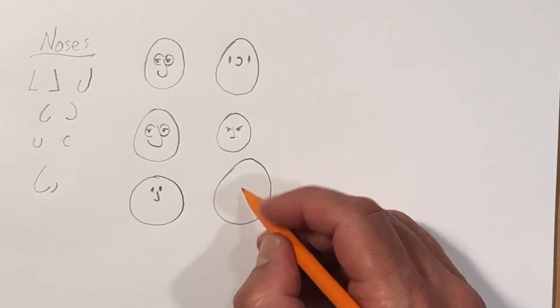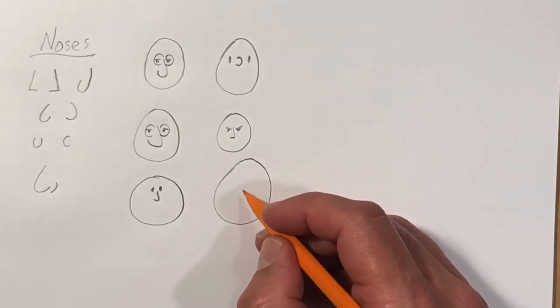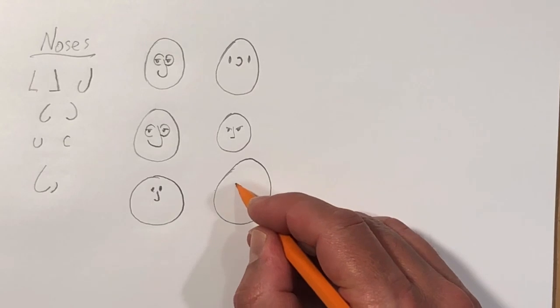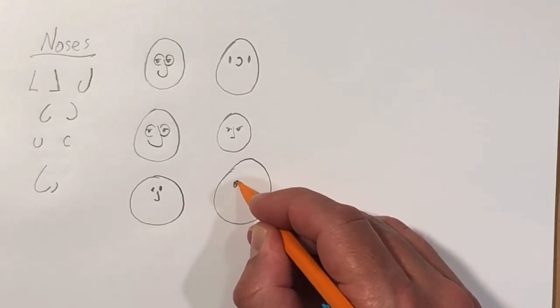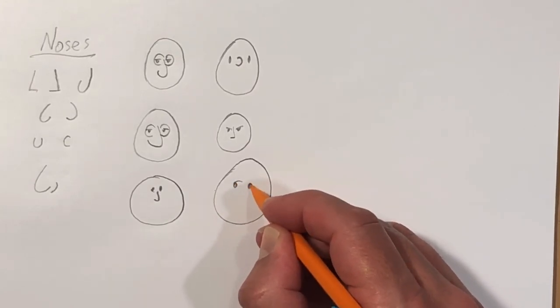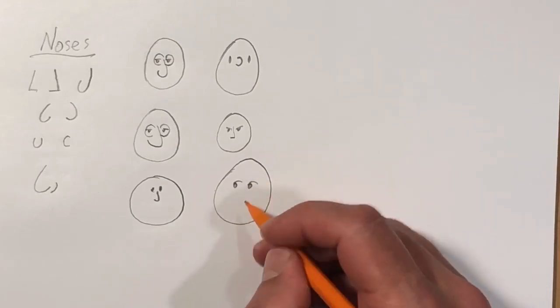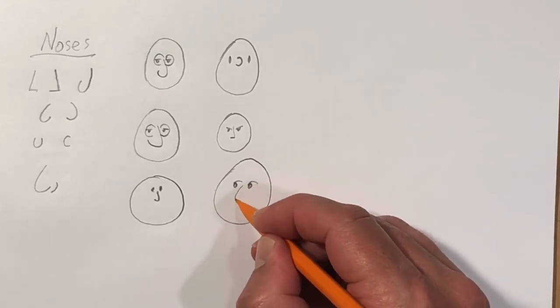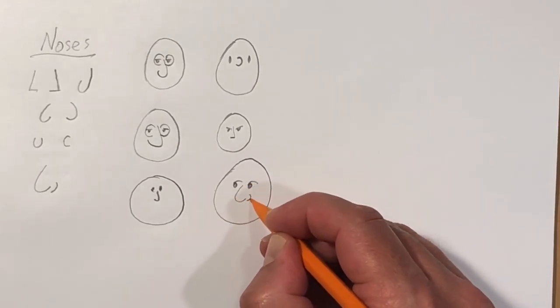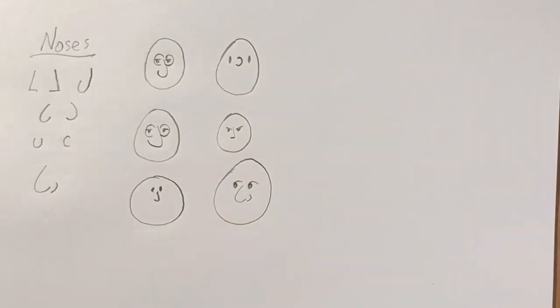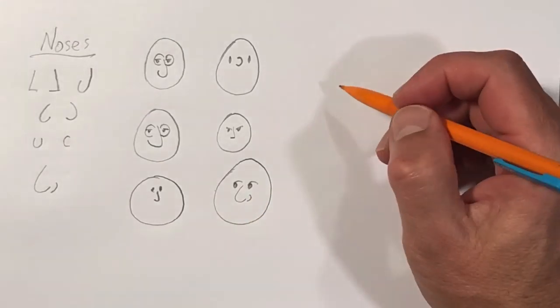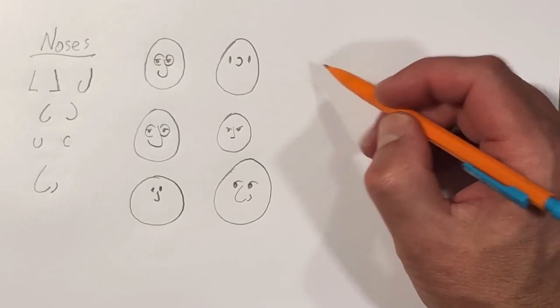So maybe we give it, oh, I don't know, we'll give it one of those 6s. And we'll draw this type of a nose in here with the little nostril on the side there. So there's lots and lots and lots of different noses.